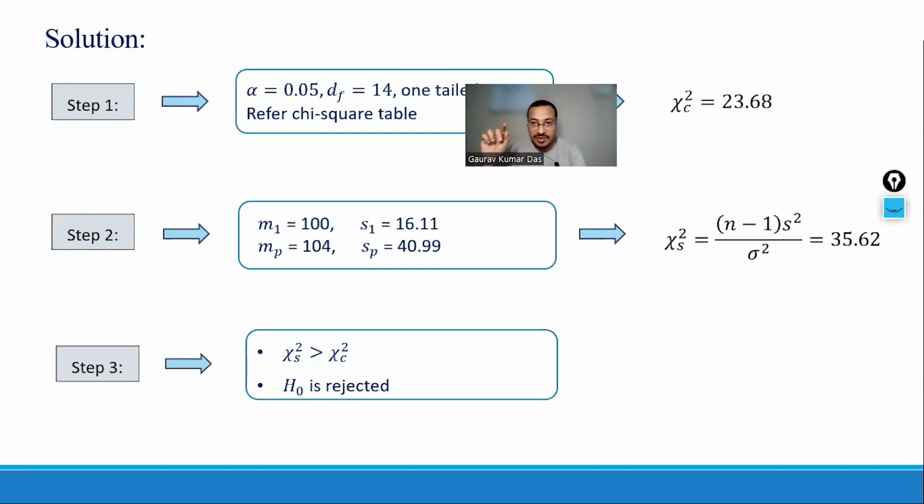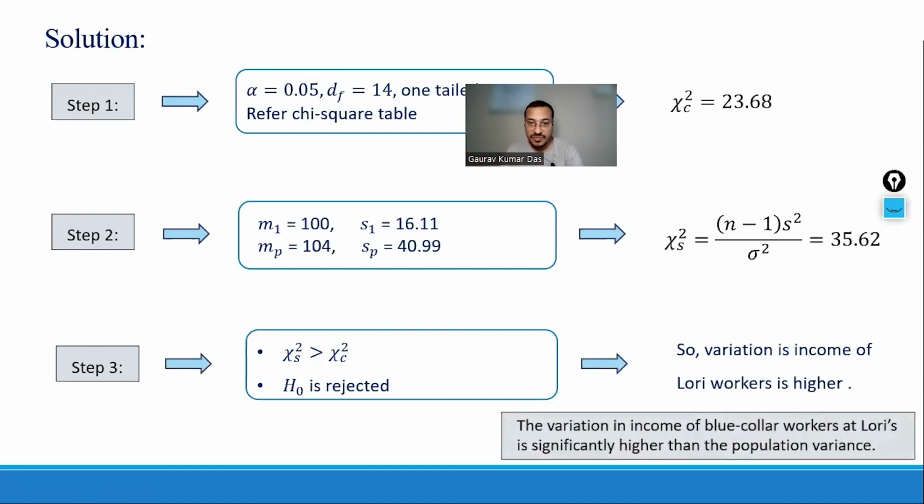If my test statistic is greater than my critical value, my H0 is rejected, which means my alternative hypothesis is accepted, which means that the variation in the low-risk company is indeed higher than the population. Right? So the variation is significantly higher than the population variance. My alternative hypothesis is accepted. My null hypothesis is rejected.